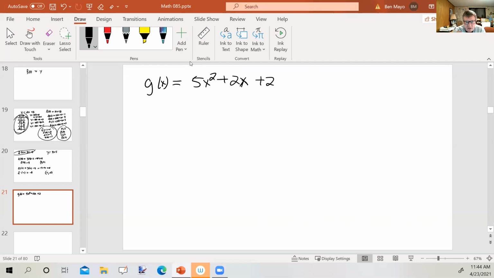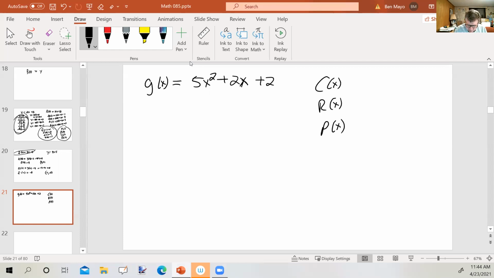In function notation, everything doesn't have to be f of x. You can have g of x or h of x or a of x. In fact, if this was a business algebra class, we might talk about a cost function, c of x, a revenue function, r of x, a profit function, p of x. So often that letter will stand for something specific. Here, g of x doesn't have any special meaning, but it could have.